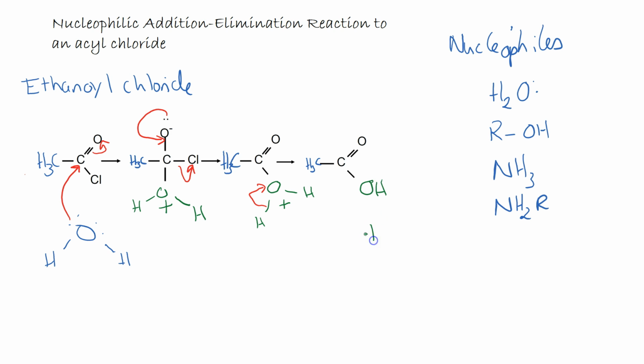We also have the leaving groups of hydrogen ion and also our Cl-, which in this case form hydrogen chloride gas. And our product here is the carboxylic acid with 2 carbons in the chain, which is called ethanoic acid.